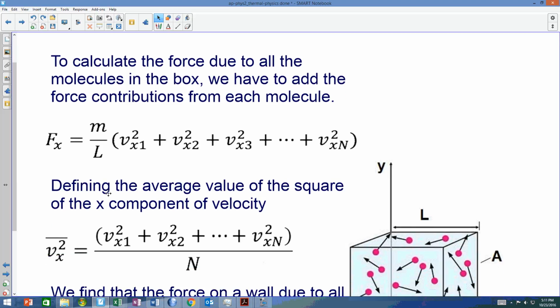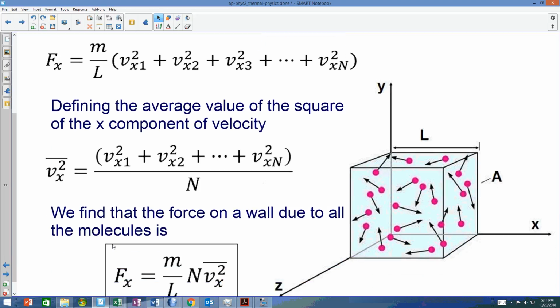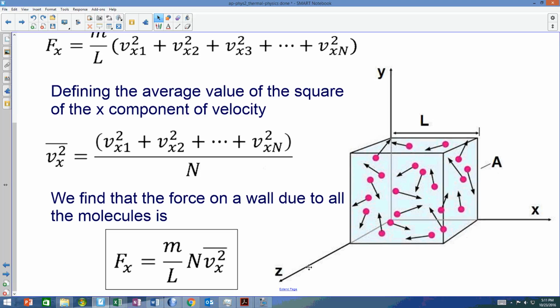Dividing by N gives the average value of the square of the x component of the velocity, as the average value is this summation divided by N, where N is the total number of particles. We then get an average value for Vx squared. We find that the force on the wall due to all the molecules is then going to be m over L times capital N times the average Vx squared.